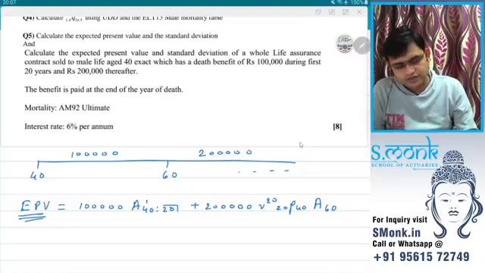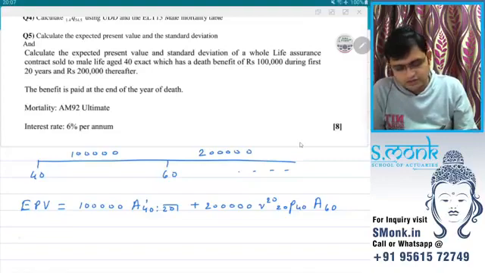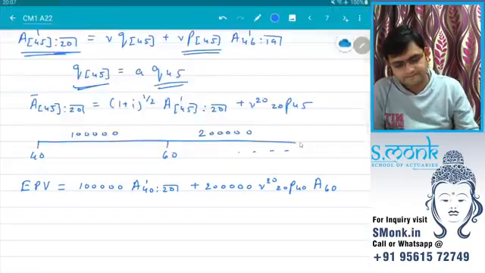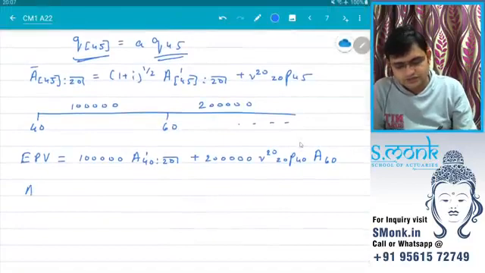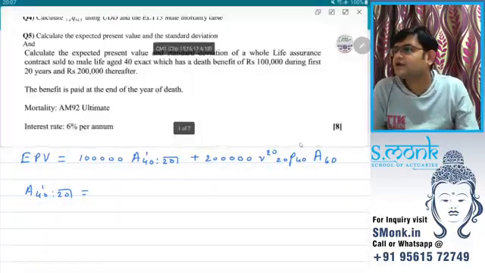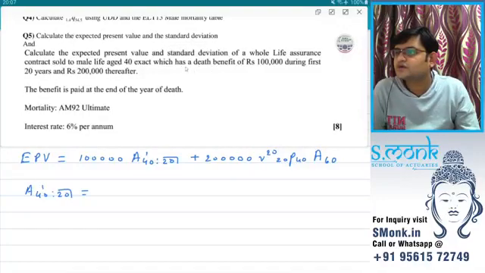You will get these values. When you're talking about expected present value, let's do this. A 40-20 will give you... these are all payable at the end of the year of death, or benefit is paid at the end of the year of death.